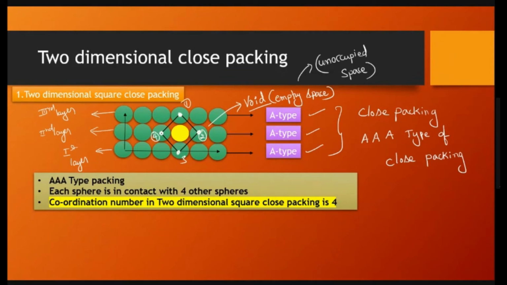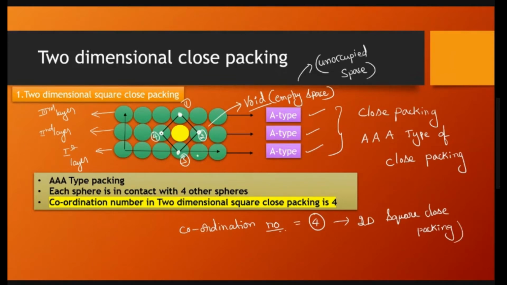So what should be the coordination number for this close packing? 4, right? The coordination number is 4 for two-dimensional square close packing.